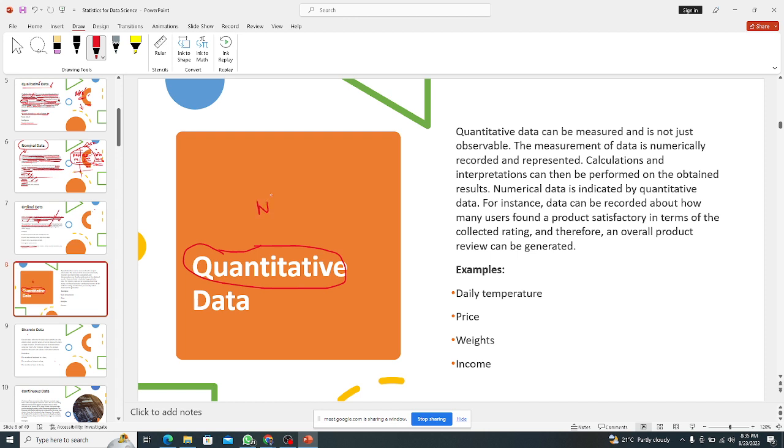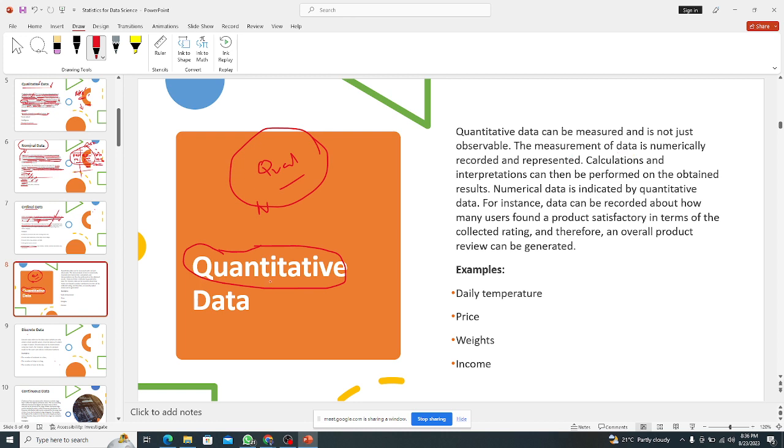Unlike the qualitative, which gives us attributes or characteristics about a certain data, where we said we cannot do computations. But whenever we have numbers, you can do calculations.